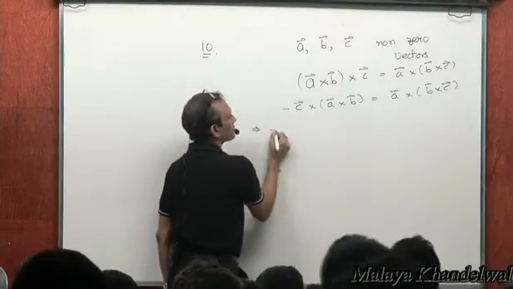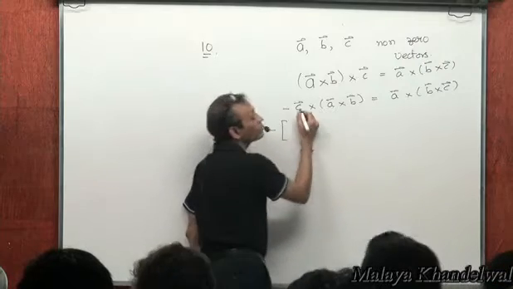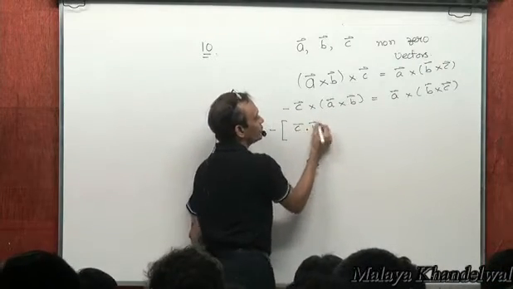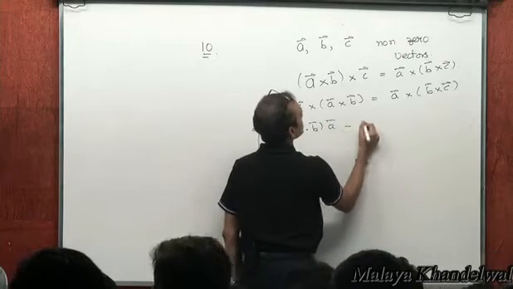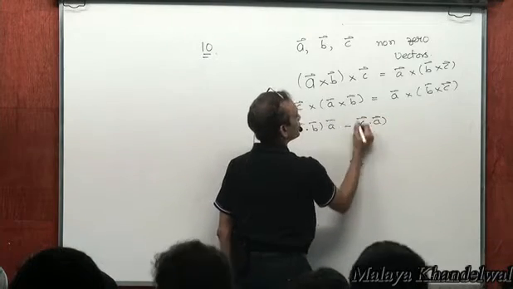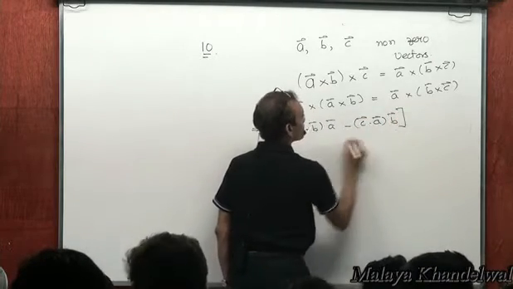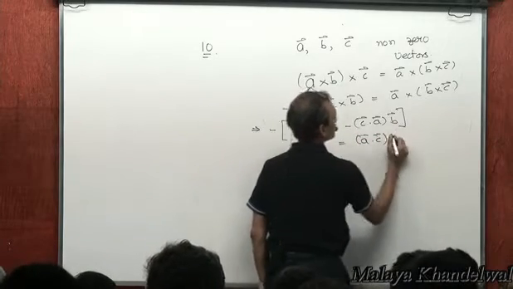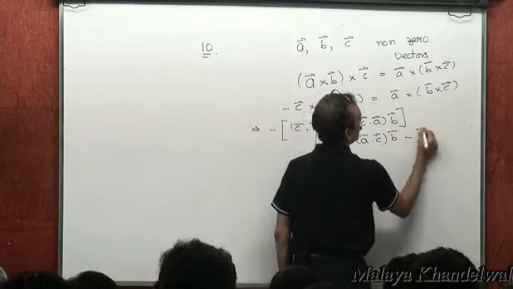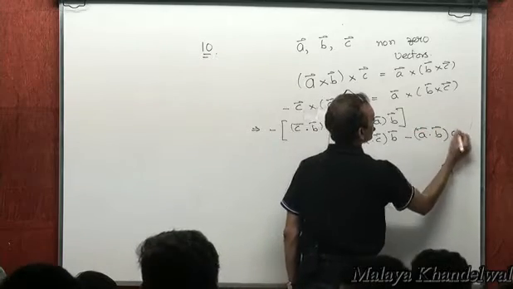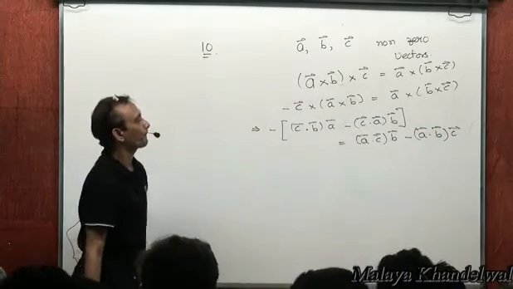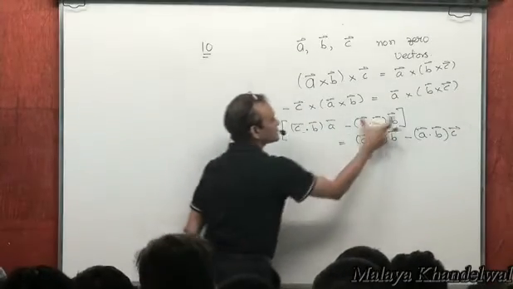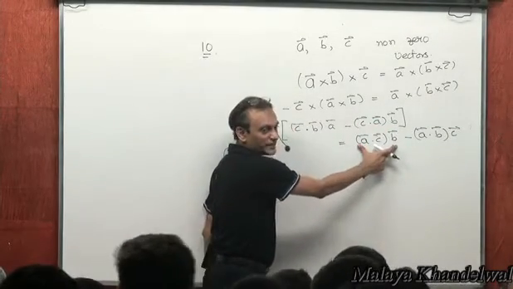And then I apply the vector triple product: C dot B into A minus C dot A into B is A dot C into B minus A dot B into C. And this plus A dot C into B, and A dot C into B will get cancelled.